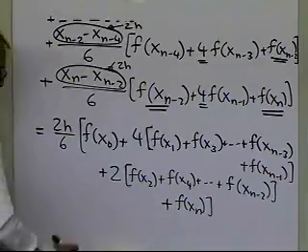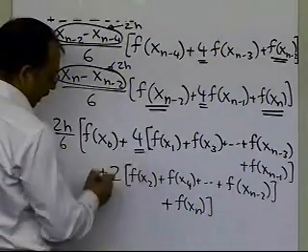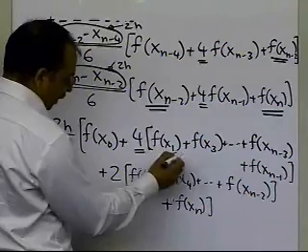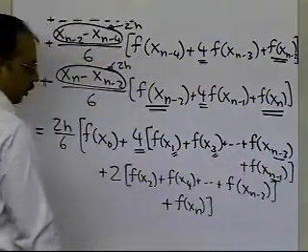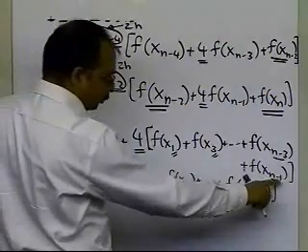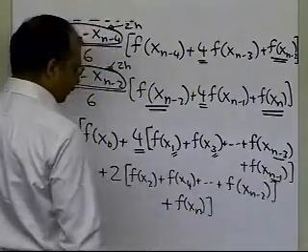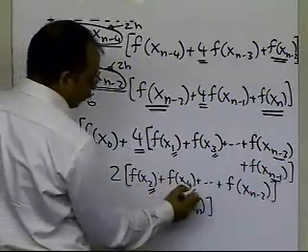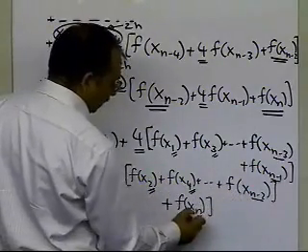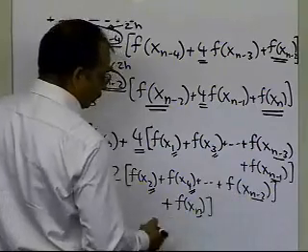One of the things you're finding out is that these terms which are getting multiplied by 4 have odd subscripts. 1, 3, n minus 3, n minus 1, they're all odd, because since n is even, n minus 1 will be odd. Again, the subscripts here are even. You have 2, 4, n minus 2, n. And since n is even, n minus 2 will be even too.